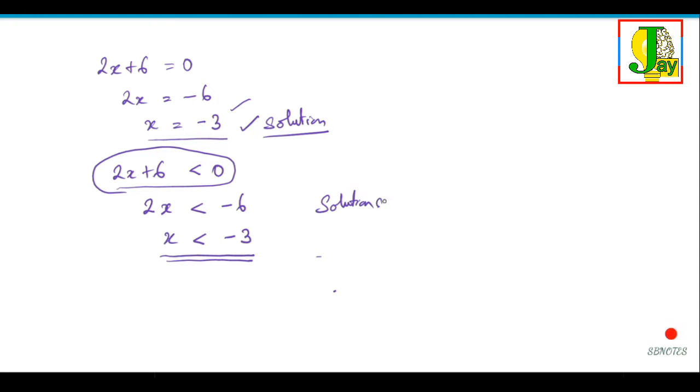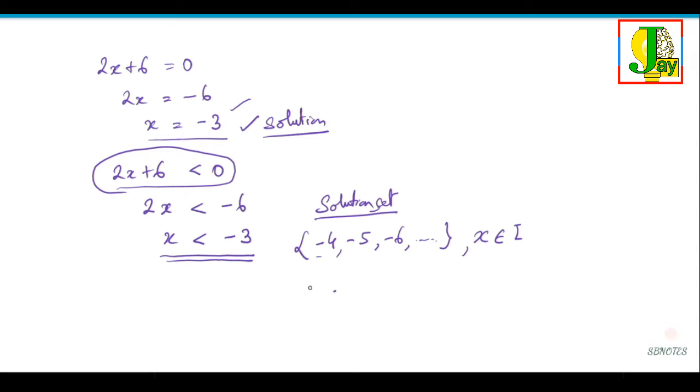So what's the solution set? Here our solution set is any number smaller than -3: -4, -5, -6 and so on, when x belongs to integers.